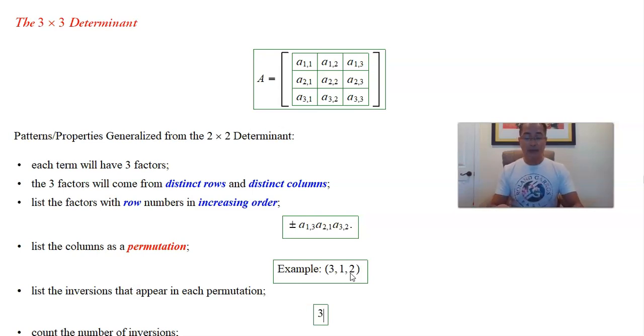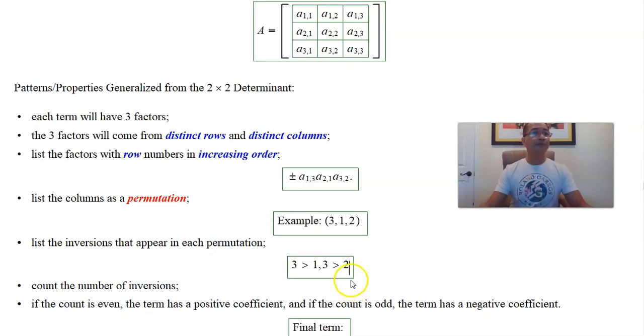So the inversions are 3 is bigger than 1, and also 3 is bigger than 2. Okay, so it doesn't matter that 2 is not right next to 3. All right, it is still to the right of 3, further down, and 3 is bigger than 2. What about 1? No, 1 is not bigger than 2, so 1 does not contribute an inversion.